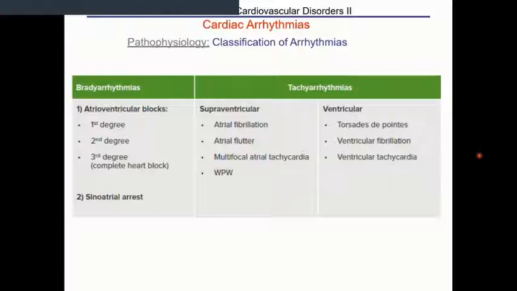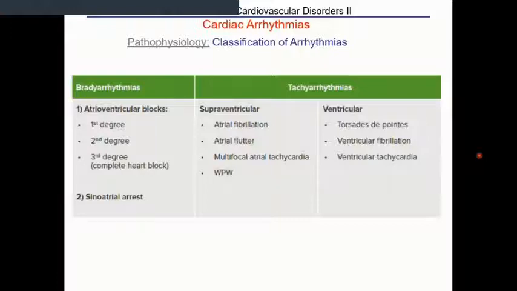One can be supraventricular in origin, above the ventricles, or it can be ventricular, within the ventricles. So for your bradyarrhythmias, you could have your AV blocks, atrioventricular blocks, or your SA arrest. For your tachyarrhythmias, especially for the supraventricular types, you could have your atrial fib, atrial flutter, and your multifocal atrial tachycardia. For your ventricular tachyarrhythmias, you could have your torsade de pointes, ventricular fibrillation, and VTAC.